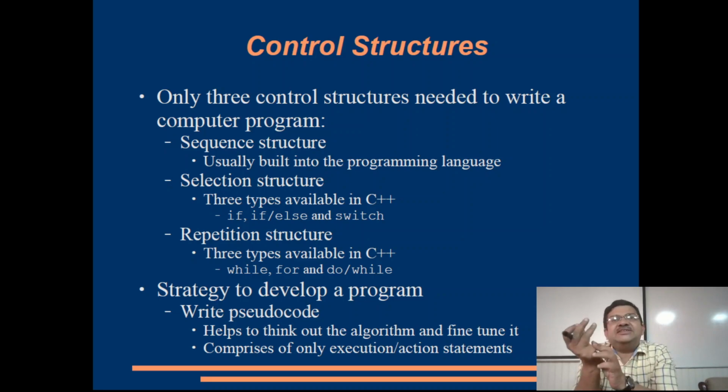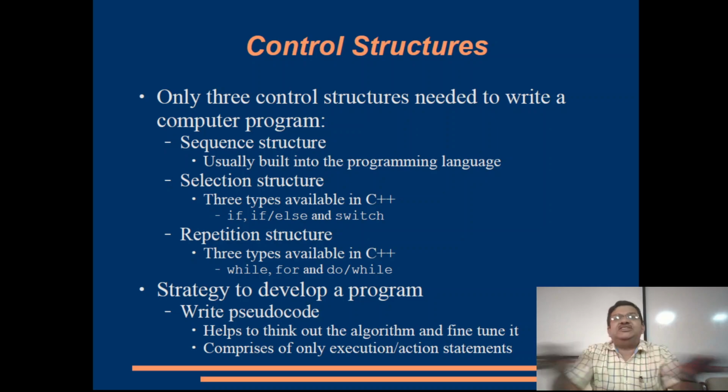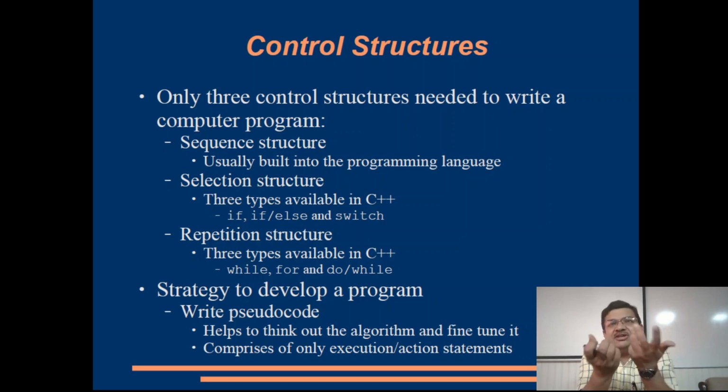The second one is the selection structure, the branch, which branch to take. So branching out, decision making, right? So there are 3 types available. Conditional evaluation: if some condition is tested and that condition is true, then do this. And if that condition is not true, then you have if else.